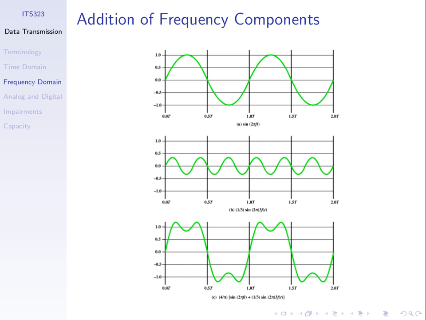The bottom signal is the shape of the summation of them. There's some slight differences. In fact, the equation doesn't give exact values, but if we plug in values, we'll get the exact values. S1 of t, S2 of t, the sum of S1 of t and S2 of t.